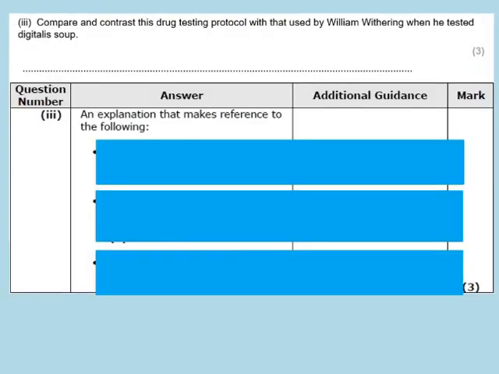We have to compare and contrast the drug testing protocol used by William Withering to the previously explained one. So there's 3 points that we can say comparing the modern clinical trials and William Withering's digitalis soup.